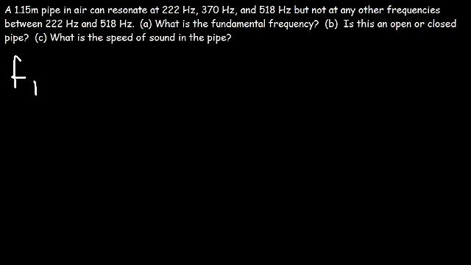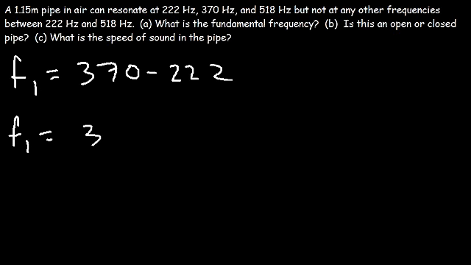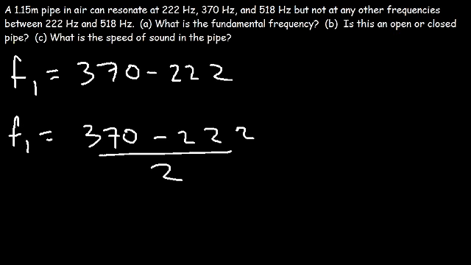So let's see if the fundamental frequency is simply 370 minus 222, or if it's 370 minus 222 divided by 2. 370 minus 222 is 148. By the way, if you take 518 minus 370, it's also 148.